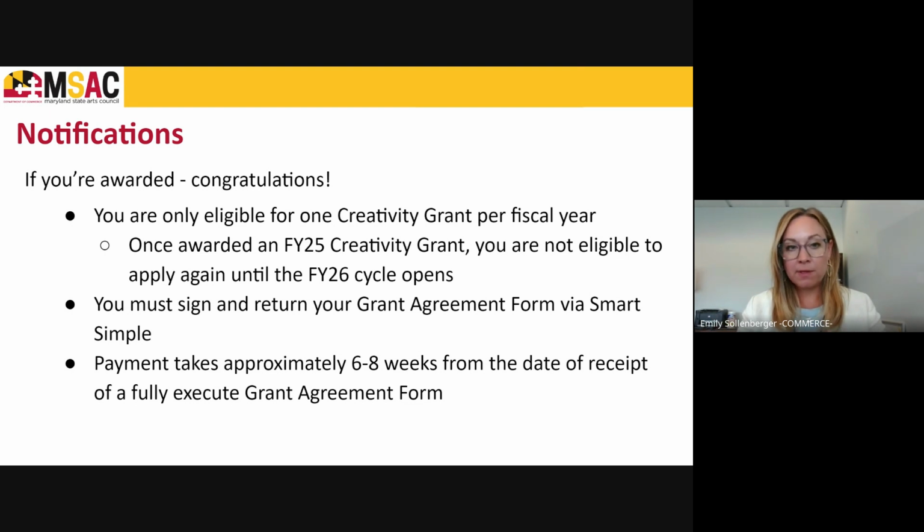From that point forward, payment then moves through the payment process, which does take about 6 to 8 weeks from the date of the receipt of a fully executed grant agreement form. So really, once you get that award notification, we advise that you sign that grant agreement form pretty quickly, just so things continue to move forward and the payment process can get started.